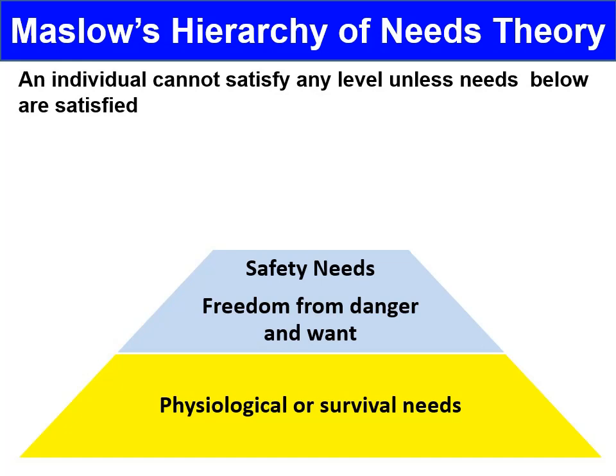So an individual cannot satisfy any level unless they have been fulfilled on the level that they require. For example, when a person has enough to survive in terms of food, only then can he go for the higher level of safety needs.